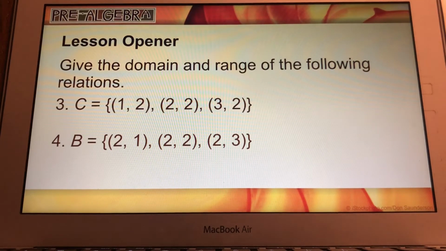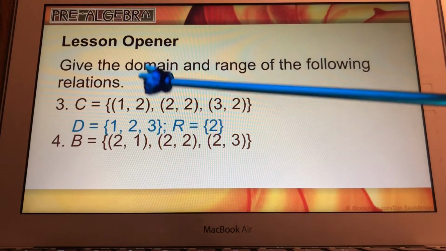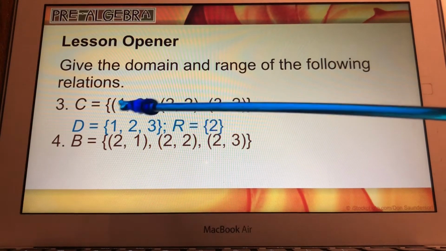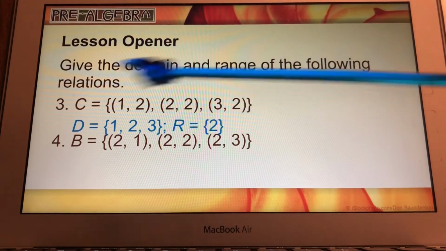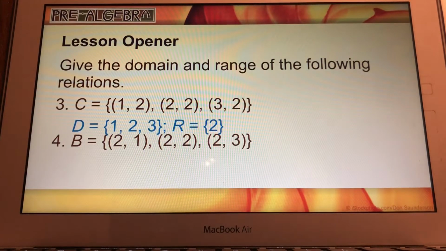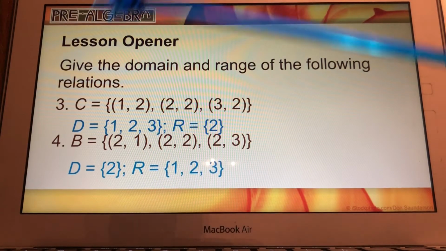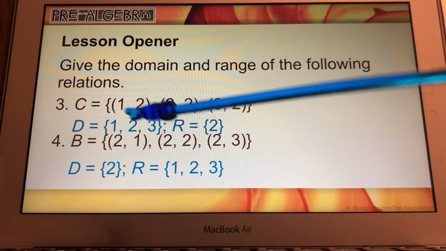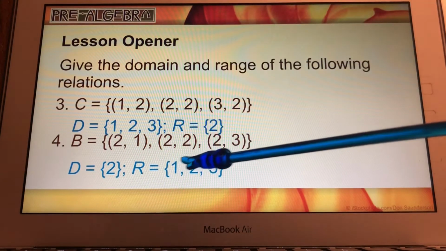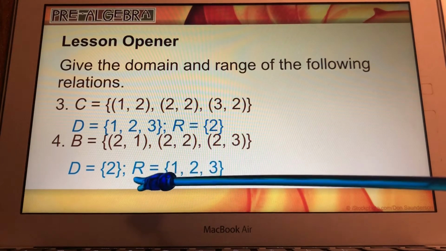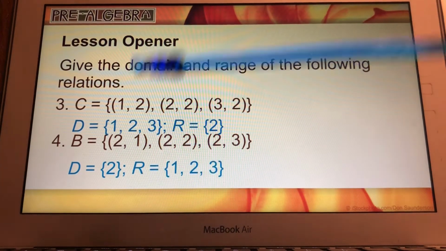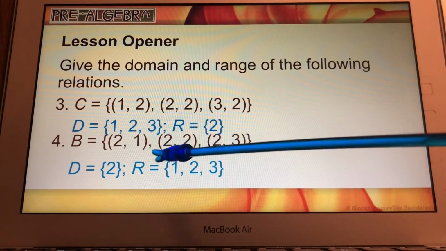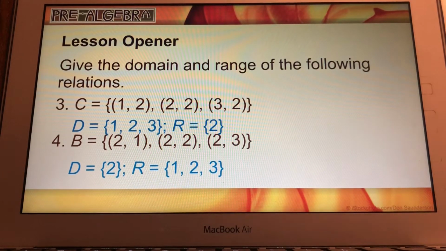Our domain are your x values here, 1, 2, and 3. And the range, they're all 2. Okay, and then for relation D, you've got the domain is 2, and then the range are 1, 2, and 3. That would be your y values, 1, 2, and 3 right there.